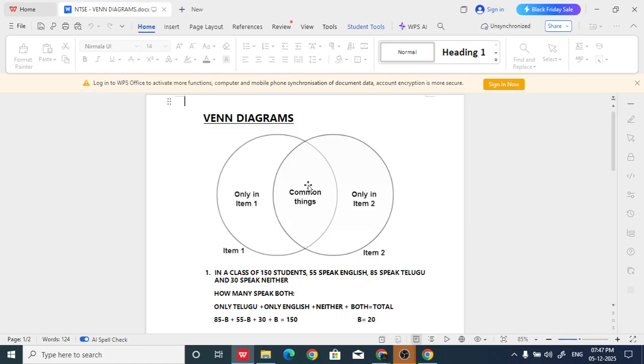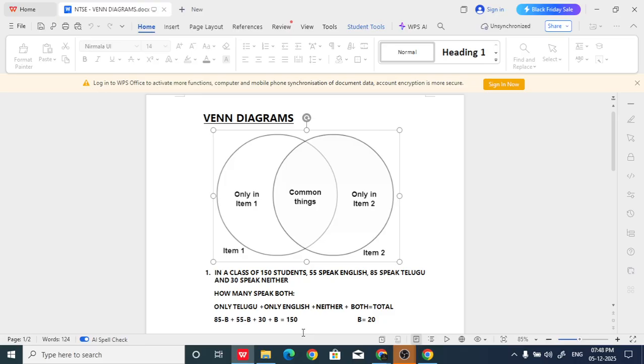So there is a formula here. Let us look at the formula. People who speak only Telugu plus people who speak only English, plus people who speak neither, plus people who speak both should be equal to 150. Can I write it here?